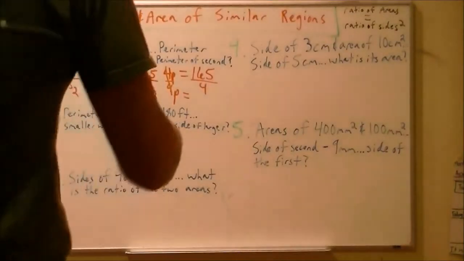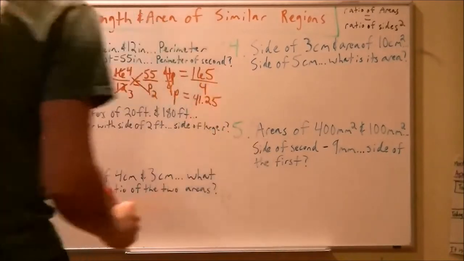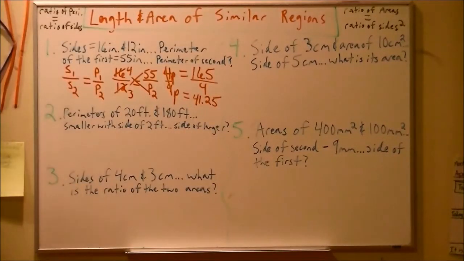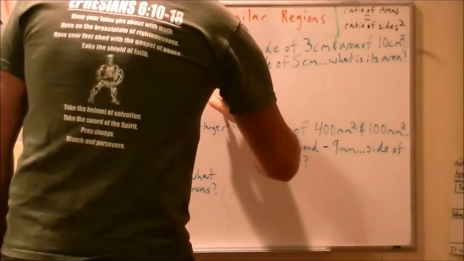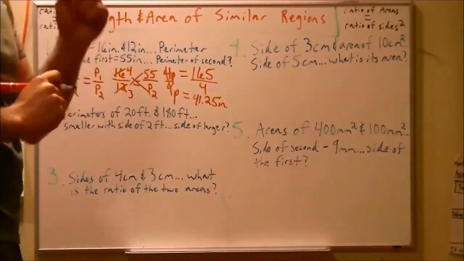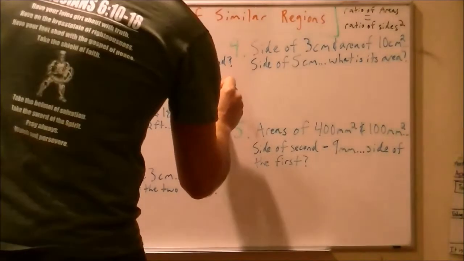So P equals 41.25. Now let's not forget, what are our units in which we're measuring, guys and gals? We are, in fact, measuring in inches. And so I want to put IN period for my units, 41.25.